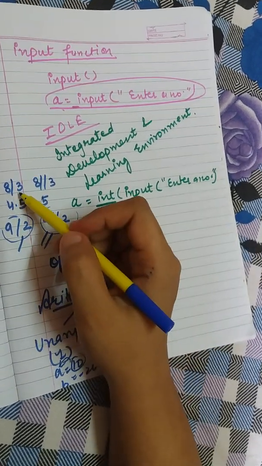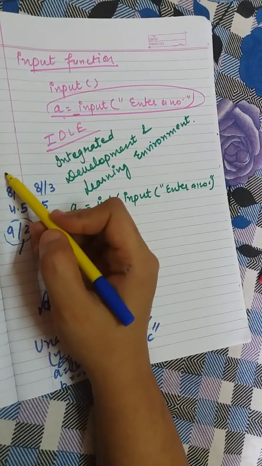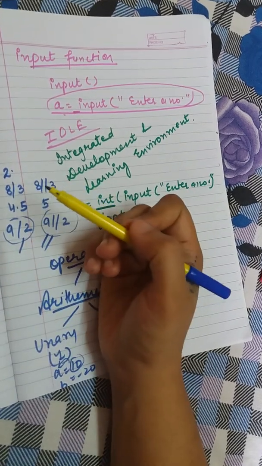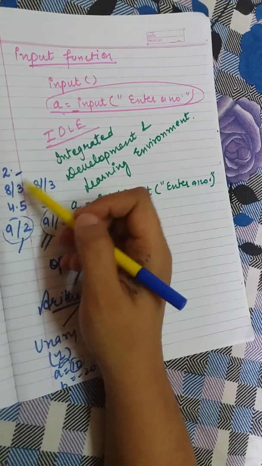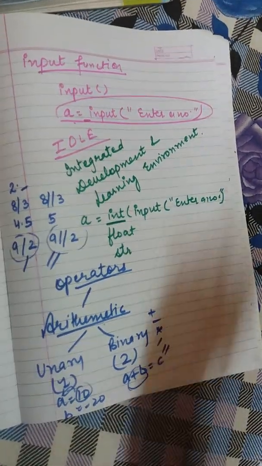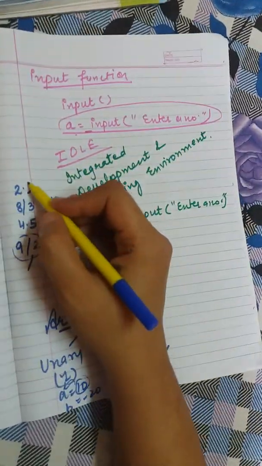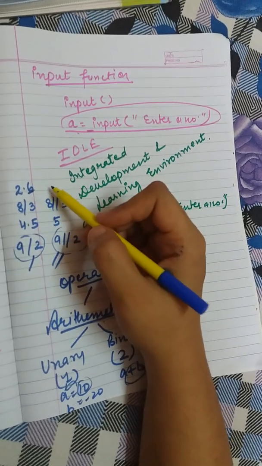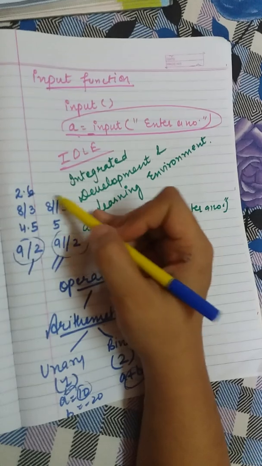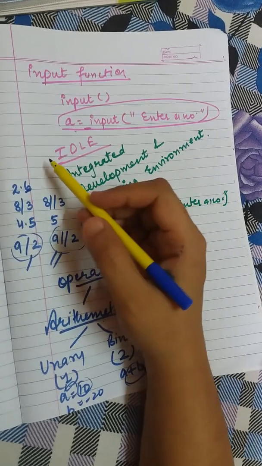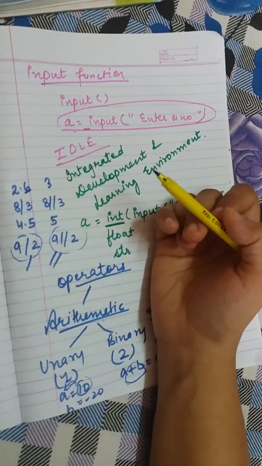Alright, so supposedly we are dividing 8 by 3, and here also I am dividing 8 by 3. So what am I going to get? 2 point something, right? Here I am going to get 2.6. But if you are floor dividing, that means you are dividing it to the integer level, then the answer is going to be 3 only.